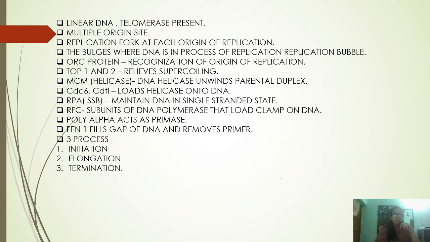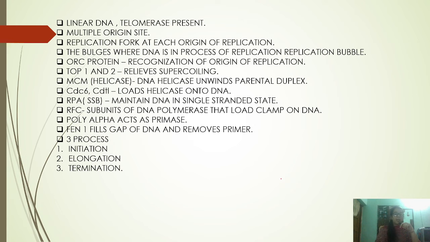Next, RFC is responsible for loading the clamp, so that the DNA polymerase holds tightly. Next, polymerase alpha will load the primers, and then replication will start, and finally after the replication process, FEN1 will remove the primer.